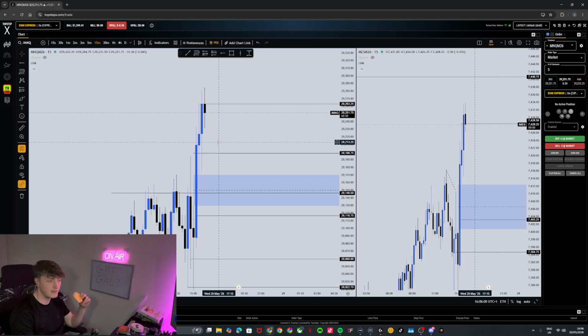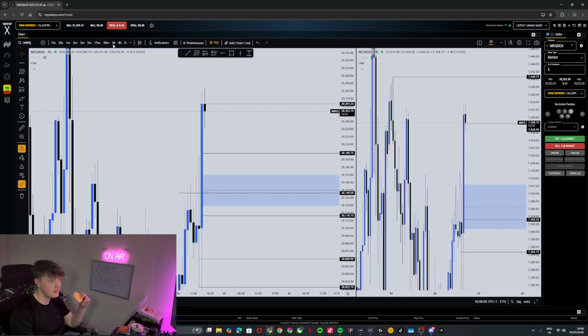Didn't create a new 15-minute gap. New hourly candle. Nice, isn't it? I don't know.